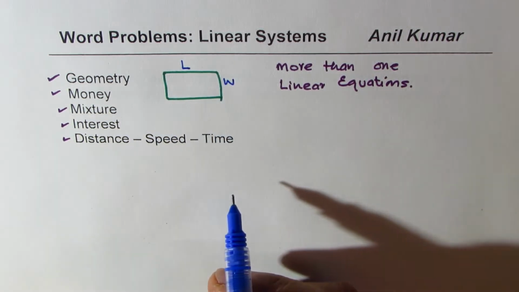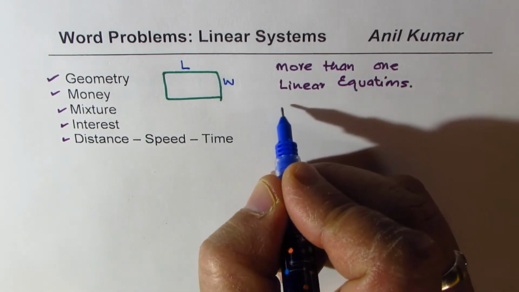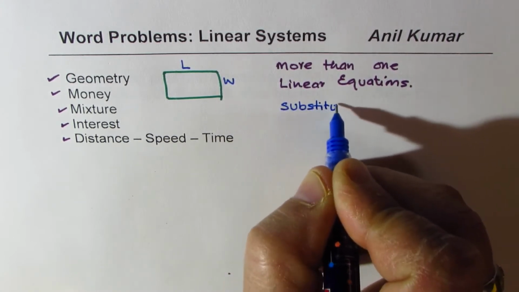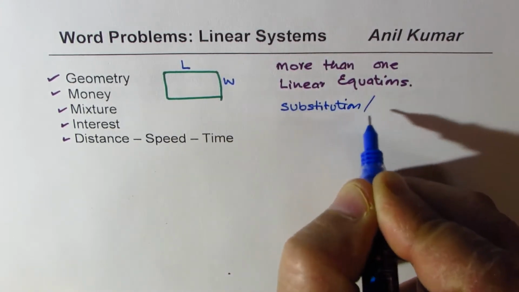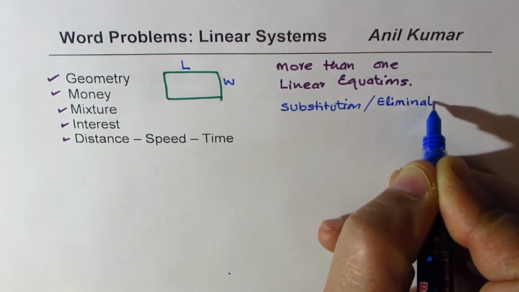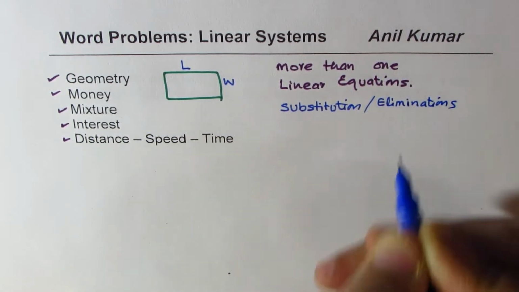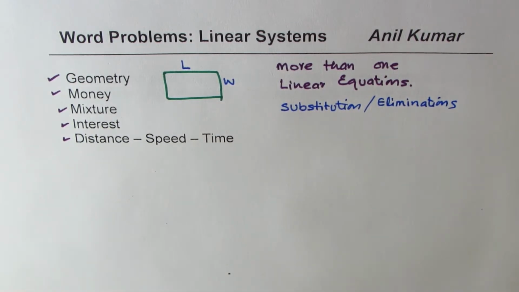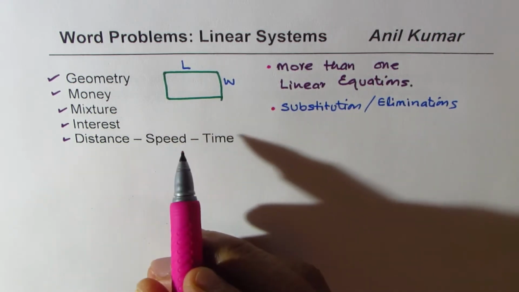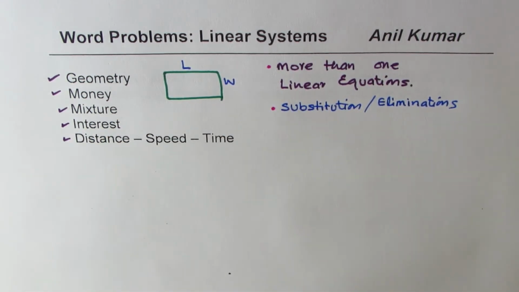Relating these two variables, we can solve the equations either by substitution or by elimination. These are the methods which will be used for solving any linear system. Correct? We'll also concentrate on illustrations while we solve.